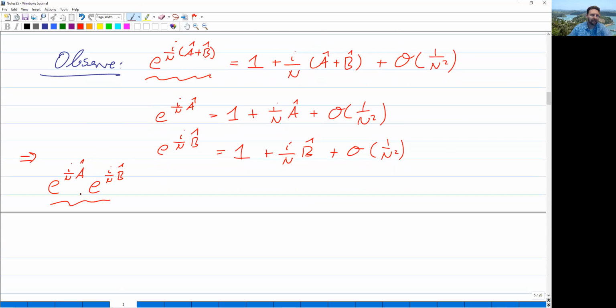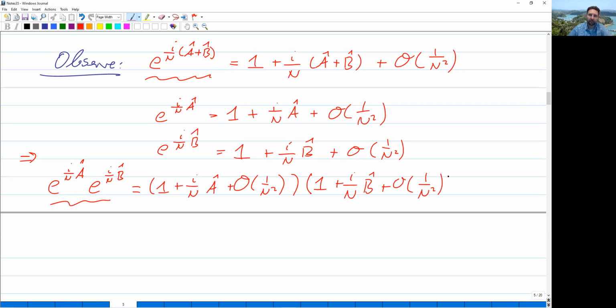It's not, but maybe it's approximately. You see, calculate what this product is now. So this then is 1 plus i over n A hat plus order of 1 over n squared, times 1 plus i over n B hat plus stuff of order 1 over n squared.